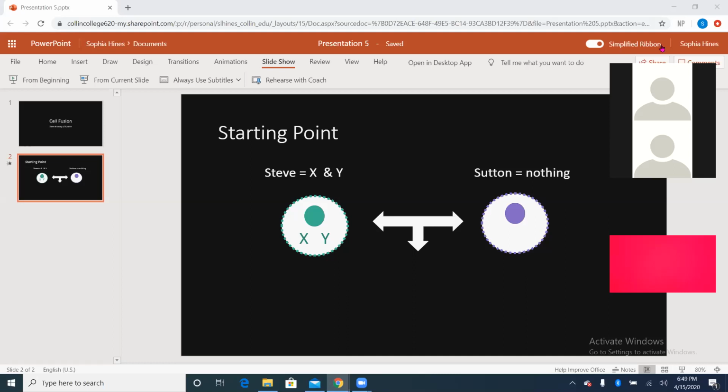Because there is the other idea that maybe the repressor protein was already floating around inside cell Steve, and when they fused together, cell Sutton just gave it a co-repressor. So now that repressor can bind. All of those are separate answers that can happen, just to give you more jumping off points.